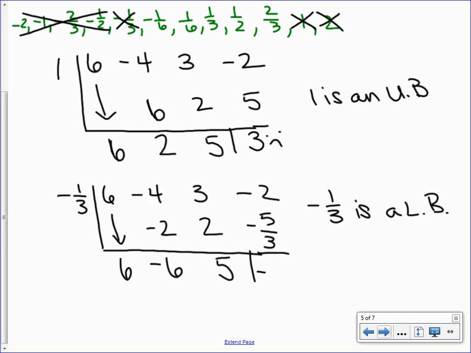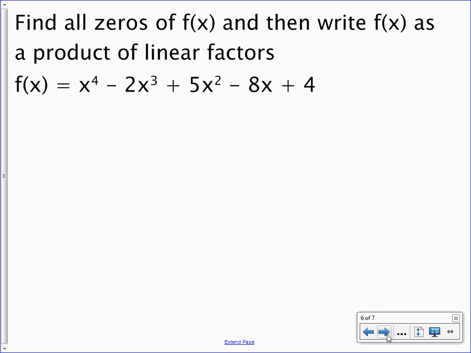We are going to do one last example of finding the zeros, and then we'll talk about our quiz. Okay. So here we need to write this as a product of linear factors.